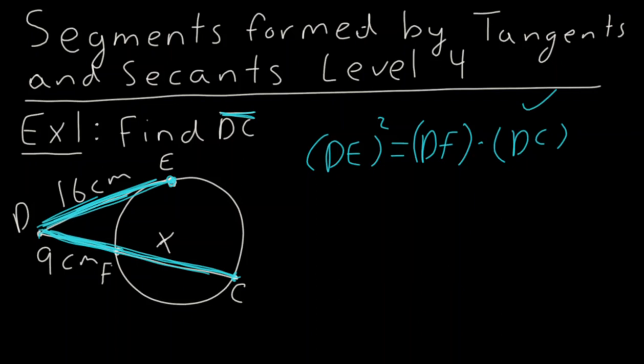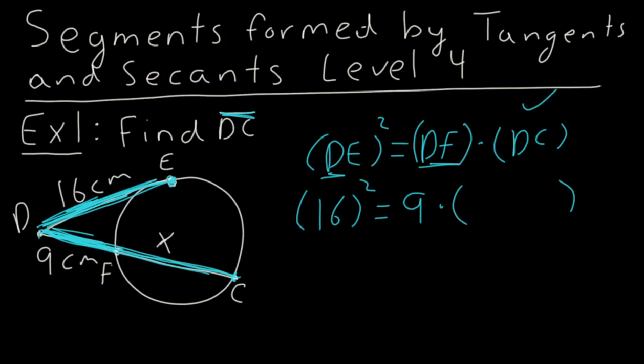So let's go ahead and plug in the things we know. We know that DE is going to be this 16. So we'll write 16 squared equals, we see here our external secant, the secant on the outside, DF, is going to be 9 times, and this is where things are going to get a little bit tricky. This is why this is the most difficult version of the problem.